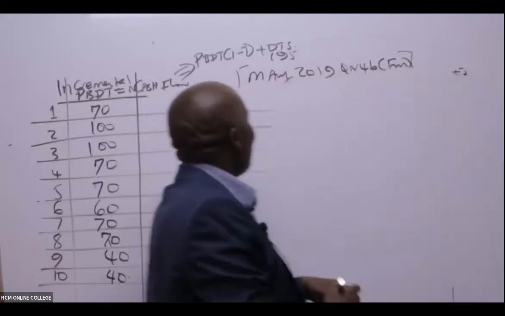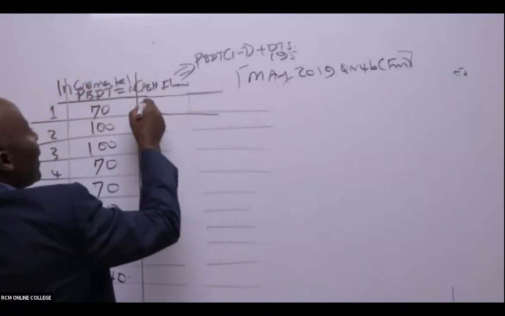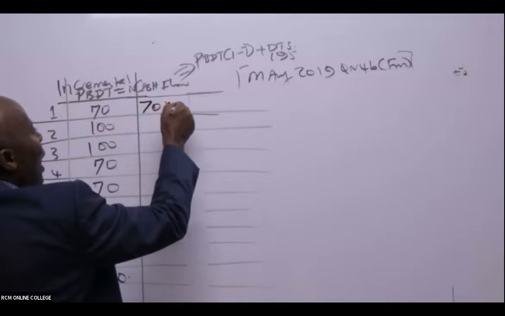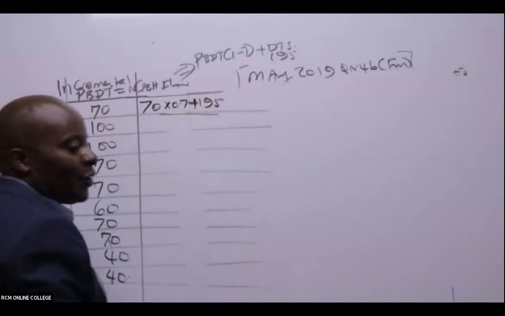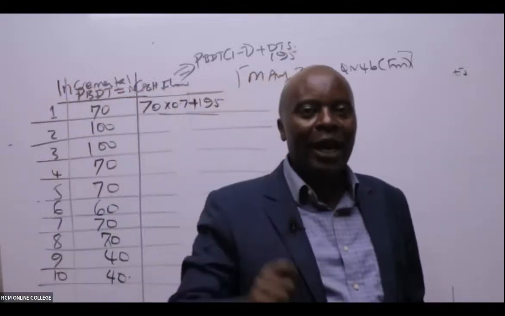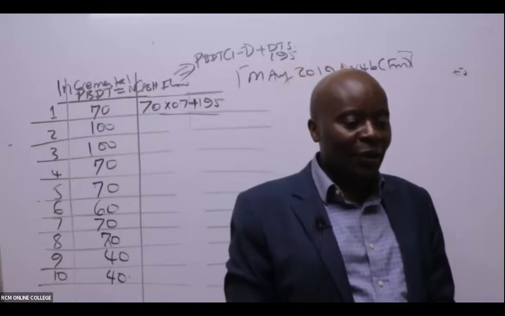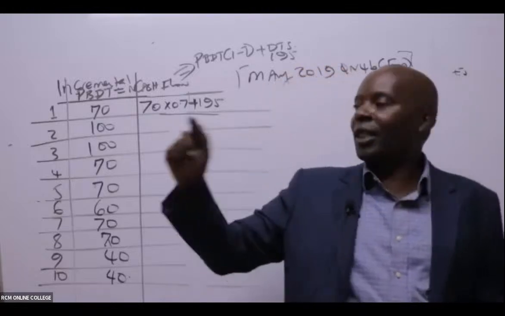When I break it up, this is what I will do. I will come, ladies and gentlemen, here and take this 70 times 0.7 plus 195. I'm so sure you guys haven't yet seen that 195. And if you have seen it, then you haven't seen this 0.7.